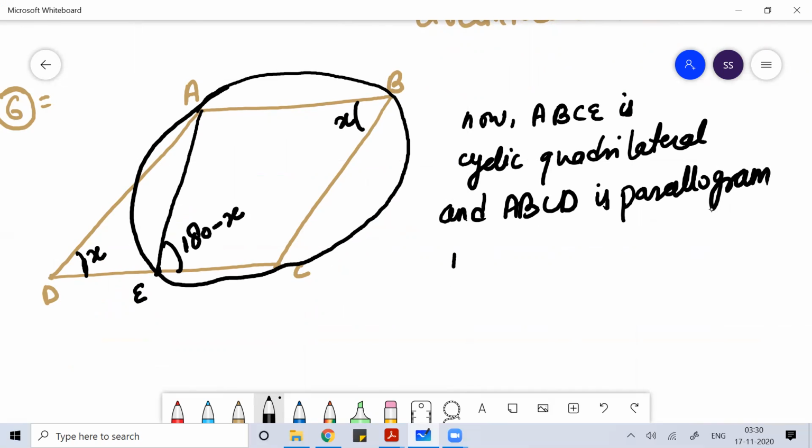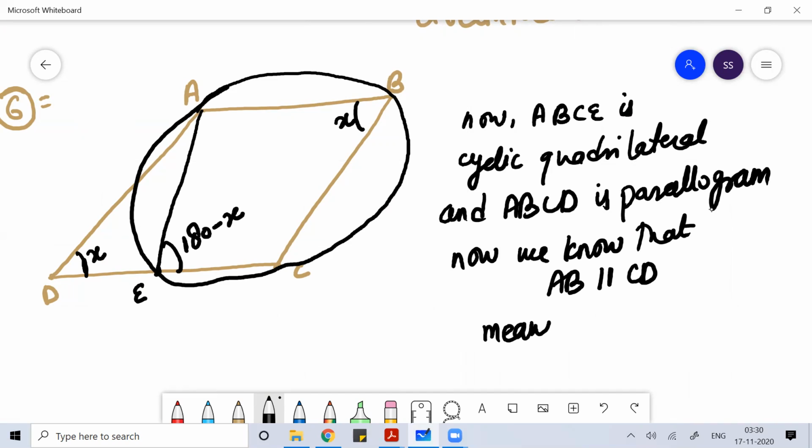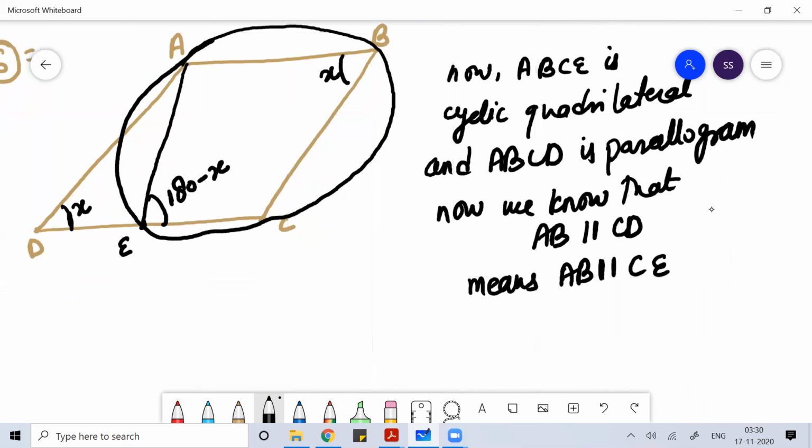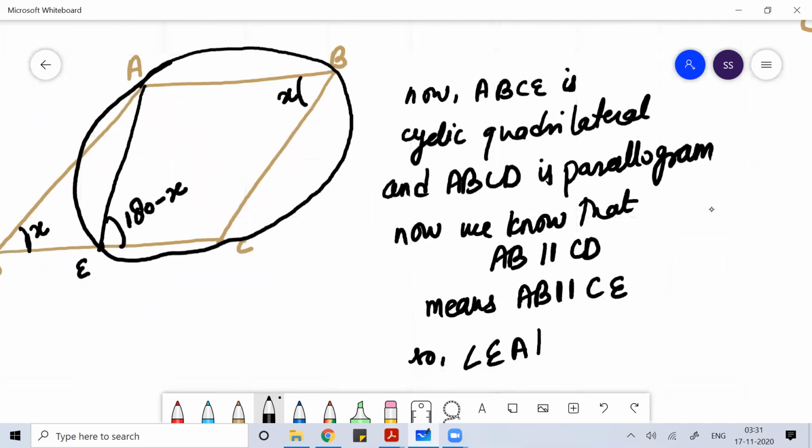Now we know that AB is parallel to CD, which means AB would be parallel to CE. So the angle AEB would be equal to x only.